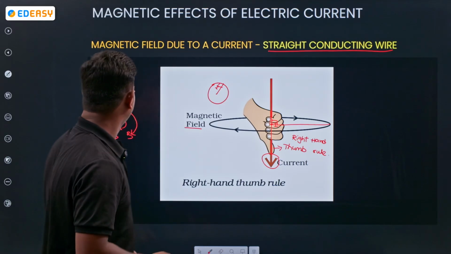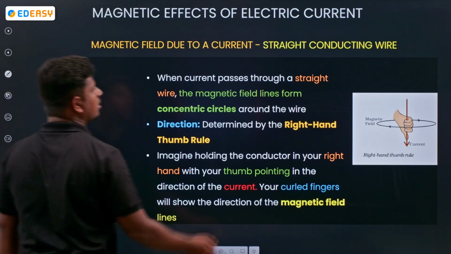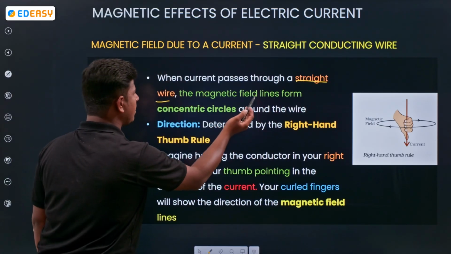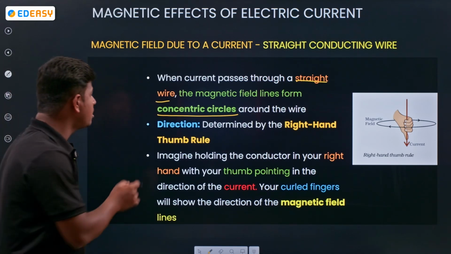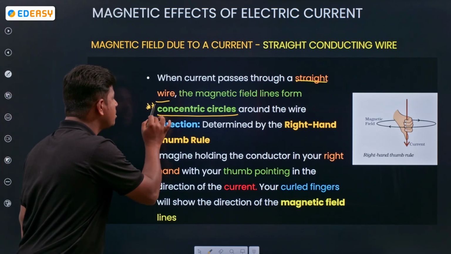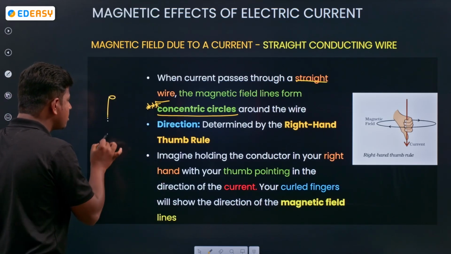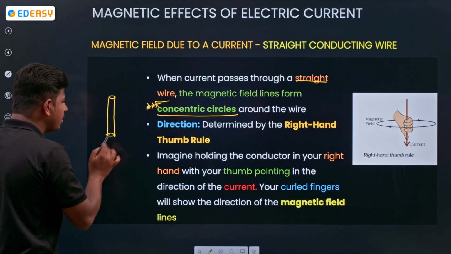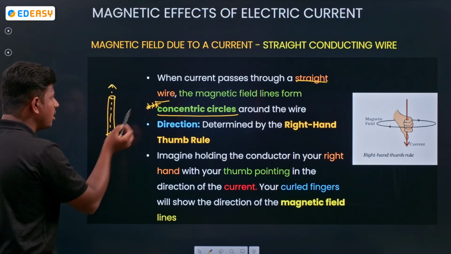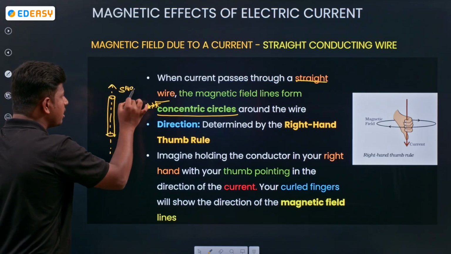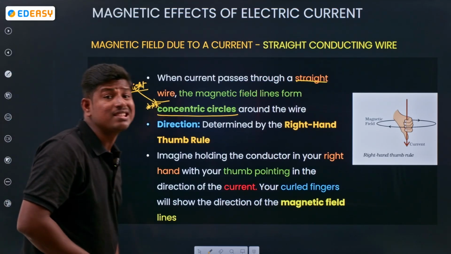Next, when current passes through a straight wire, the magnetic field lines form concentric circles. A current passing through a straight conductor produces concentric circles.